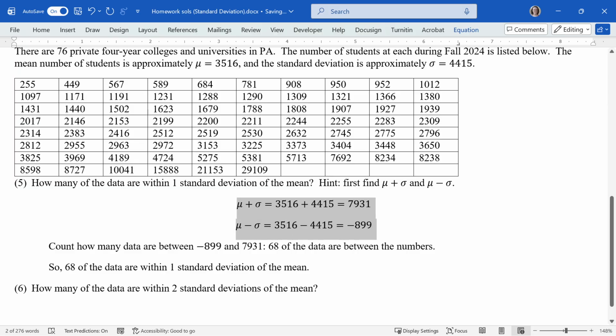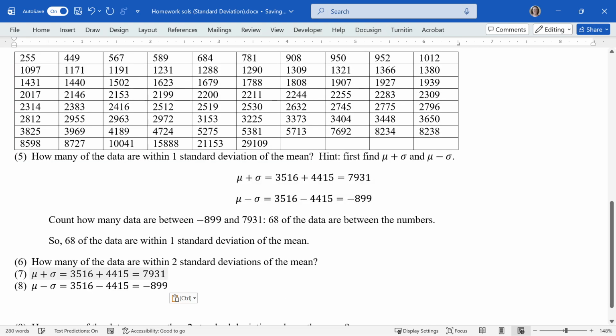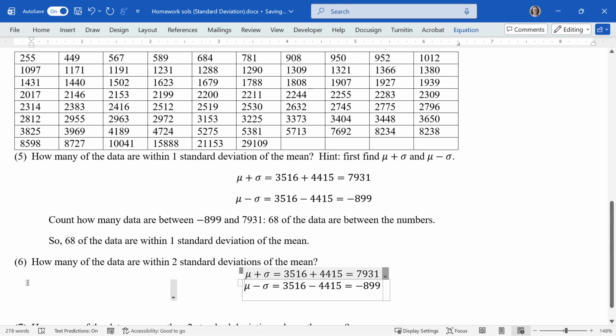It's very easy. It's so easy, I'm just going to paste these down here and then put a 2 in front of sigma. So this is going to be 2 times that, 2 times that. Okay, and then I'm just going to recalculate these numbers.